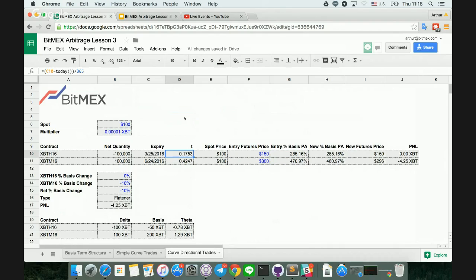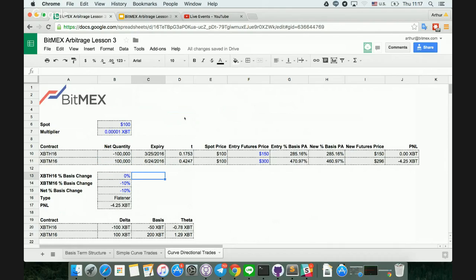Now we're going to put on a directional play. We don't aim to hold these contracts until one of them expires, but we are making a determination on whether or not the curve will steepen or flatten in the interim time period. So let's assume we put on this trade, long M16, short H16.